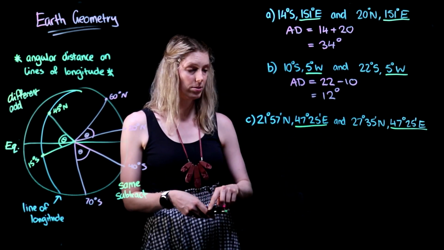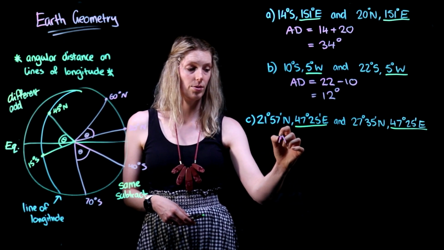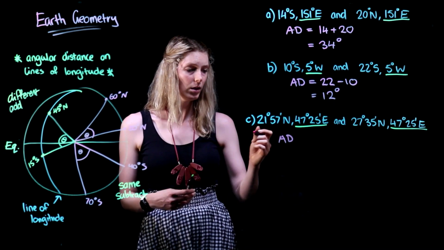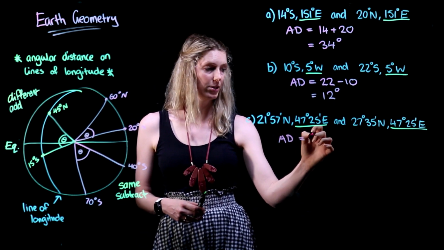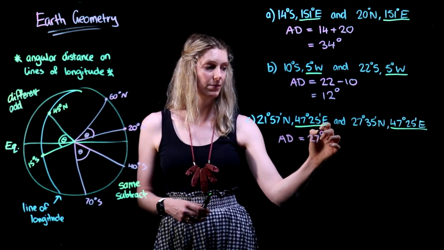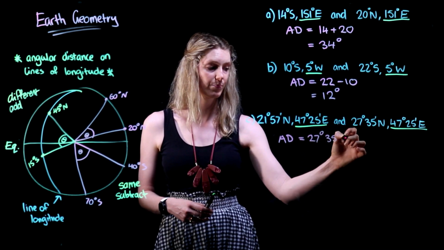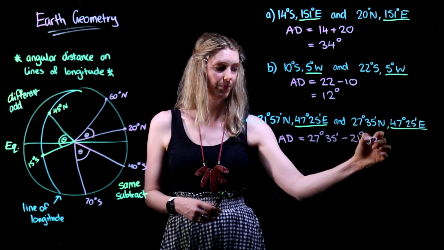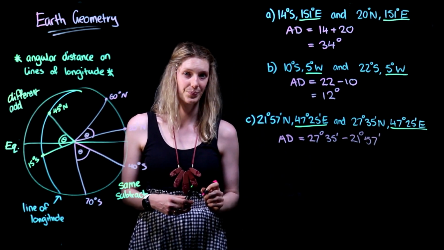We can see that both of these values are north, so we're going to have same subtract. We're going to take the larger value of the two, which is 27 degrees and 35 minutes, and subtract it from the smaller value of 21 degrees and 57 minutes.